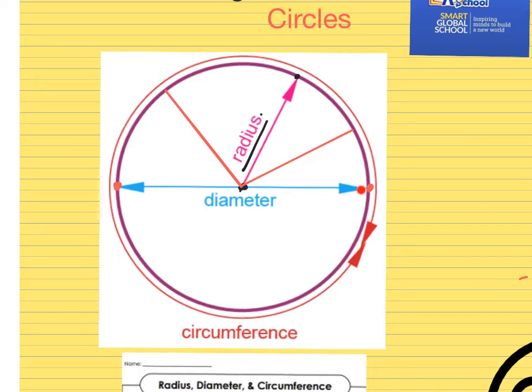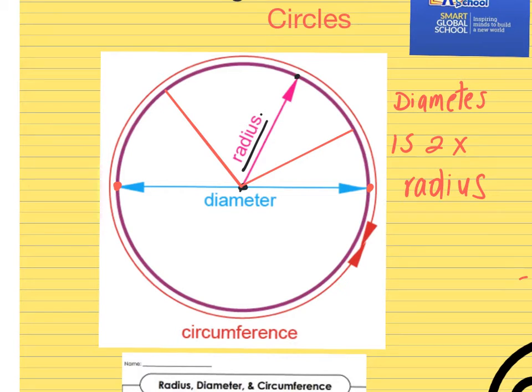Well, the diameter touches 2 points in the circumference and also the center. And obviously, as you can see here, the diameter measures the double, or is 2 times the radius.